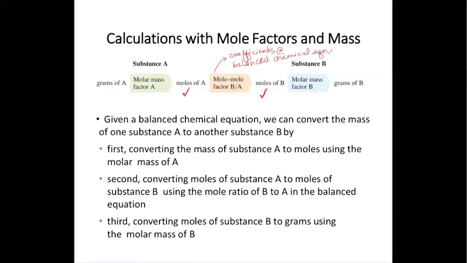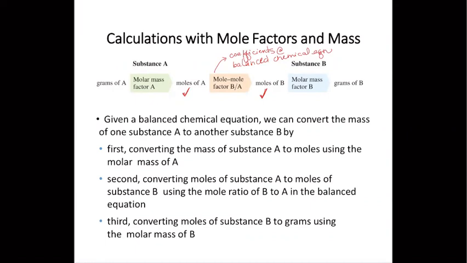Molar mass is going to be our vehicle in order to transform. If we're given grams of something, to convert it to moles. Okay? So as you can see, this flow chart gives you how to convert between different amounts in a chemical reaction. Doesn't matter if you start with moles or start with grams. You can utilize this flow chart.